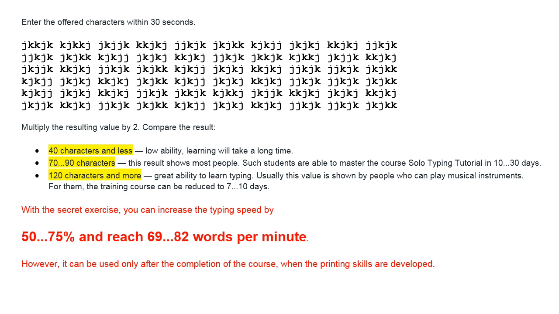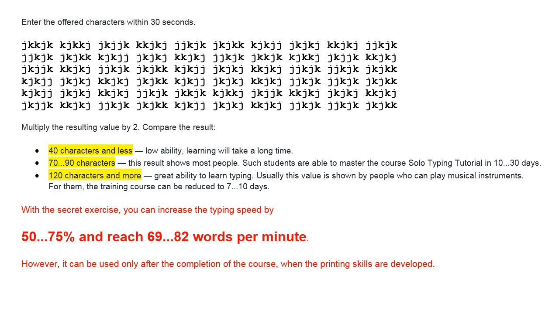After applying the secret method and its regular repetition, you can quickly increase the speed to 250-300 characters per minute, or 69.82 words per minute. So don't waste your time and let's do it.